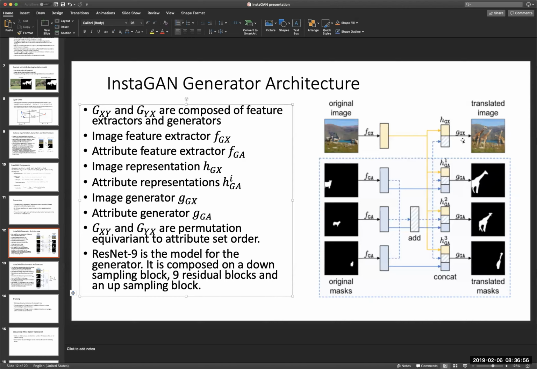It does not receive the individual ones. So if you change the order, it has no effect on the translated image. But if you change the order, it will change the corresponding translated masks. They should produce correlated images.